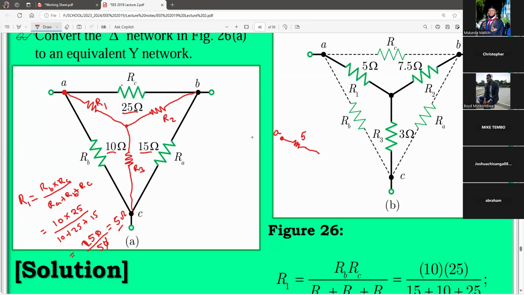Okay, so if we want to find R2, R2 is connected to point B. So what are those two resistors in delta connected to B? It's RC multiplied by RA divided by 50, because we know the denominator is the same.